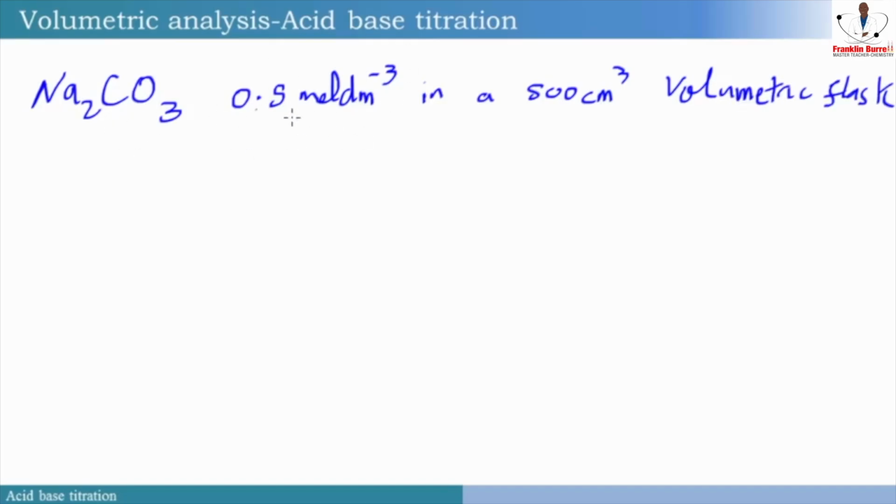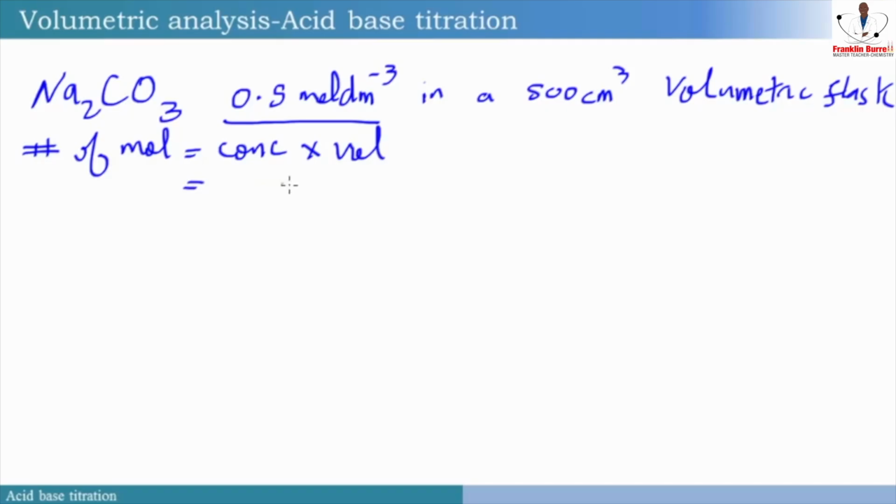So how do I make up this solution? In order to make up this solution of concentration 0.5, I need to know what mass I must measure out. To find the mass, I will use the formula: number of moles equals concentration times volume.